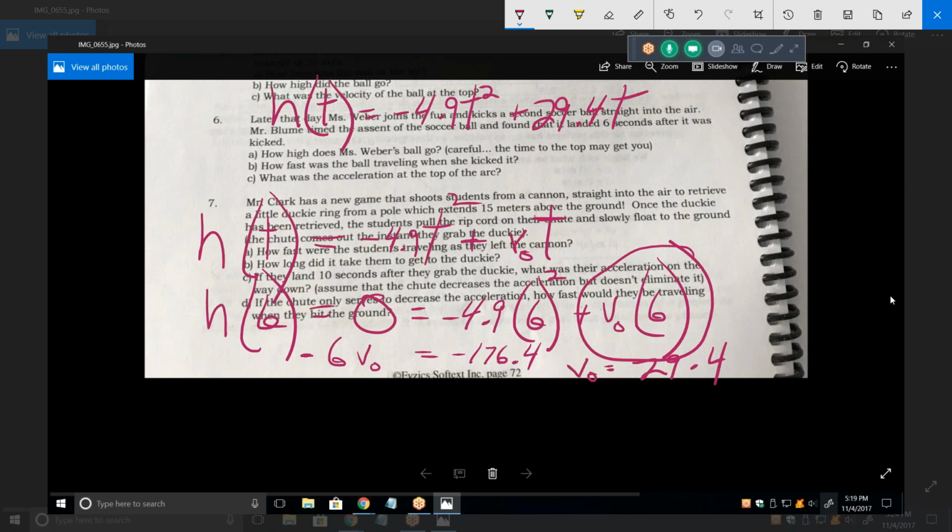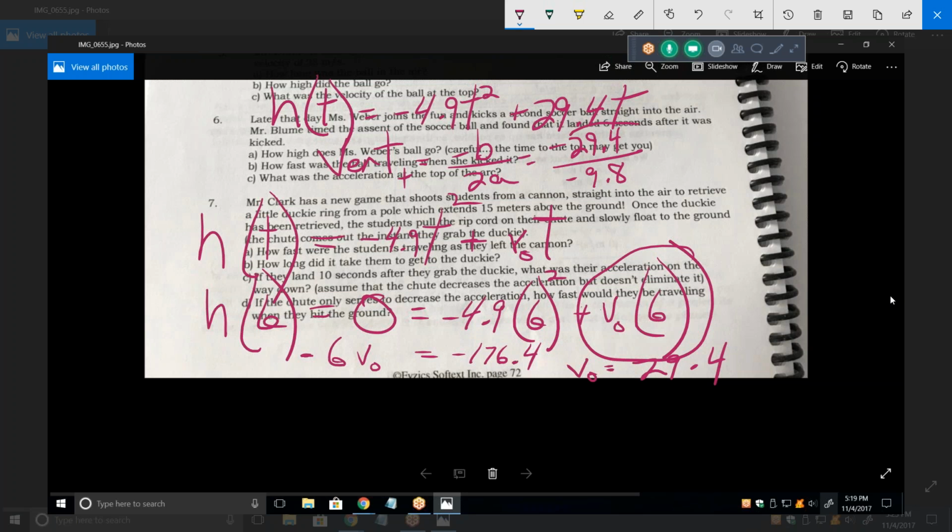In order to solve for the height of the ball, I need its vertex. The t-coordinate of the vertex is minus b over 2a, which for this problem is minus 29.4 over 2 times minus 4.9.